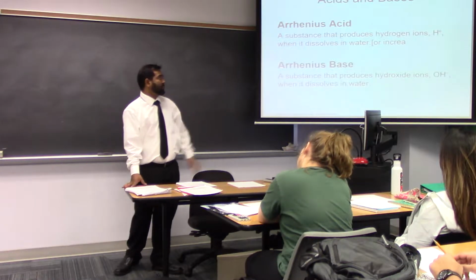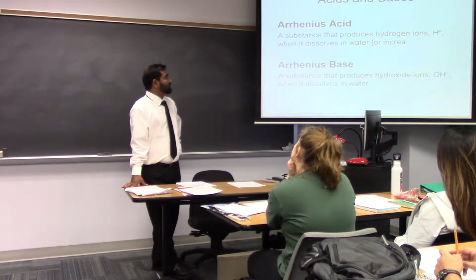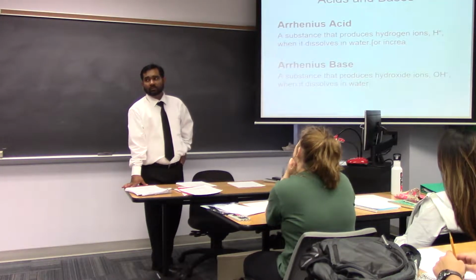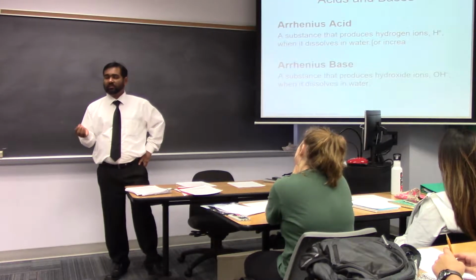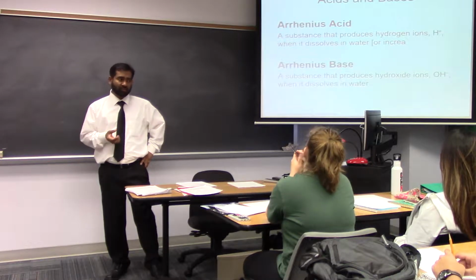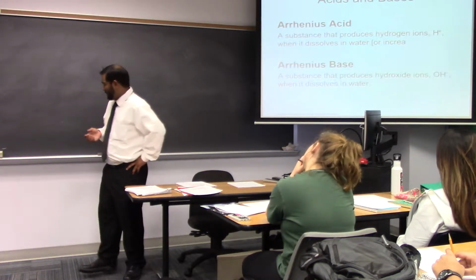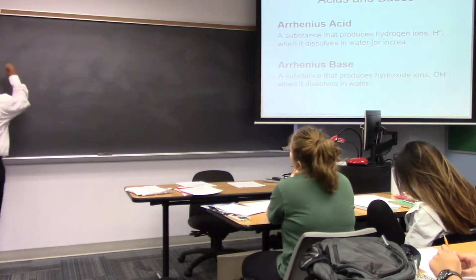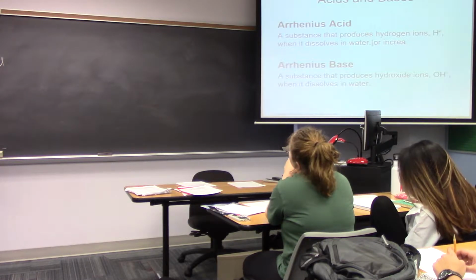Also base. So first, as I said, acid. Acid is a substance, a compound, which can donate H plus, or which can increase the concentration of H plus in a solution. As an example, HCl, which we always use as a common example.